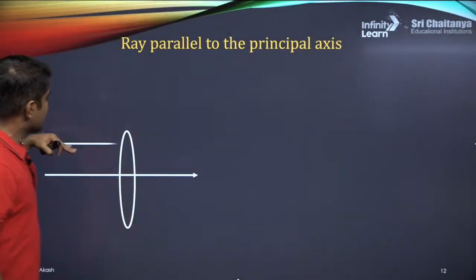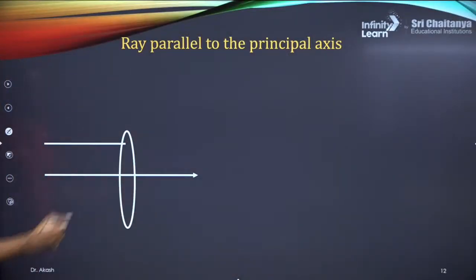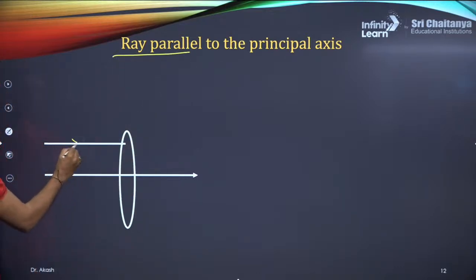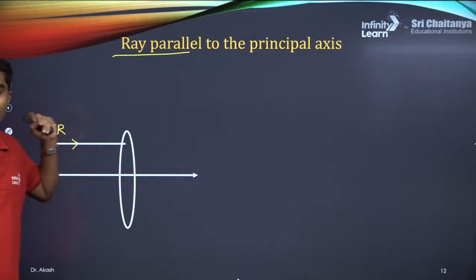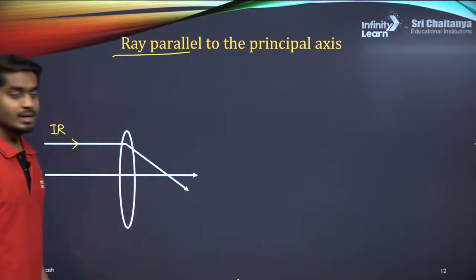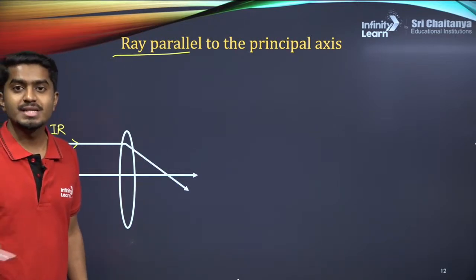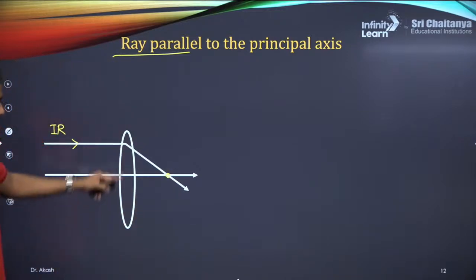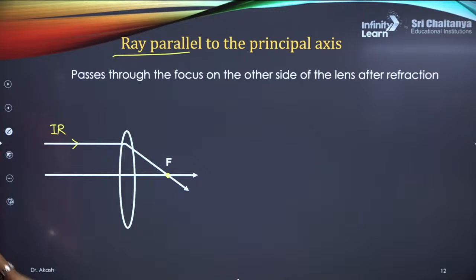Look here. This is an incident ray, a ray which is parallel to the principal axis. After refraction, what will happen? It will pass through a single point, and we know that this point is called the focus.